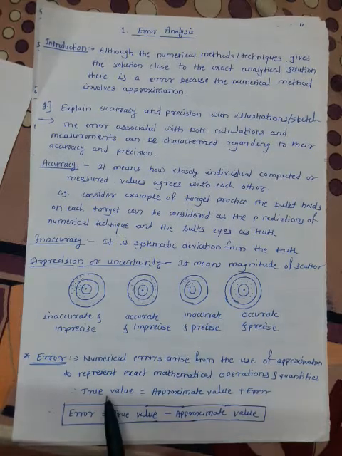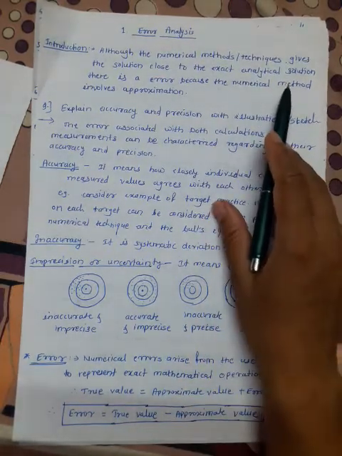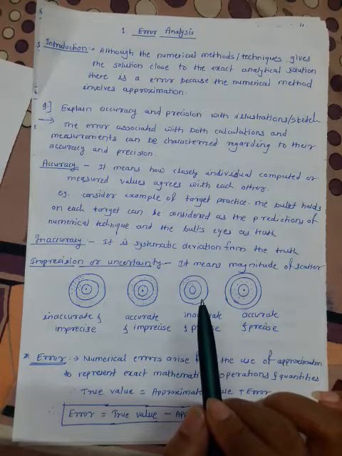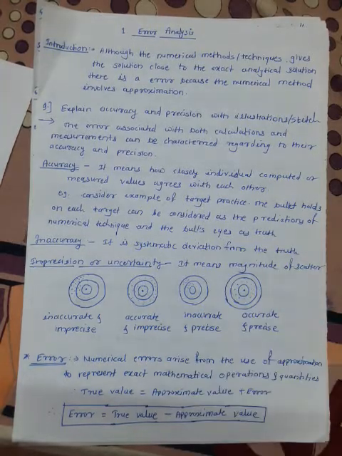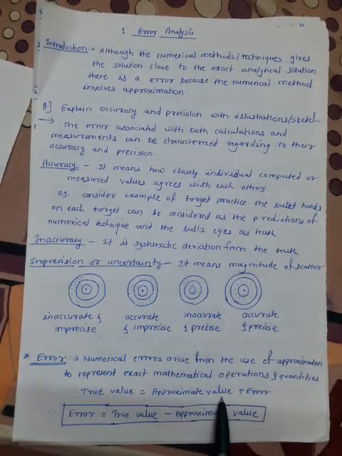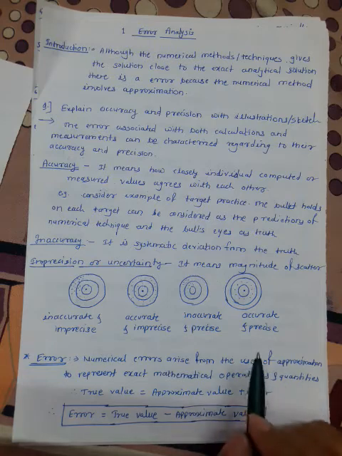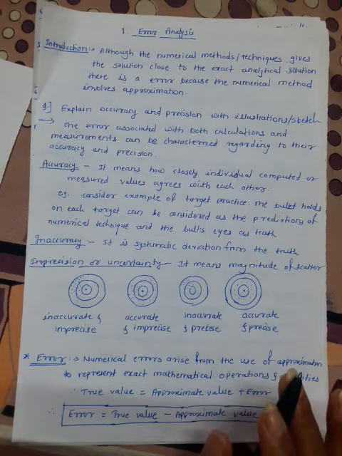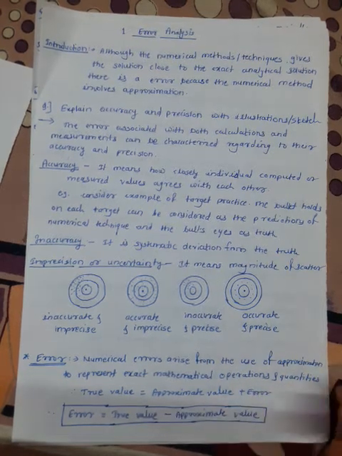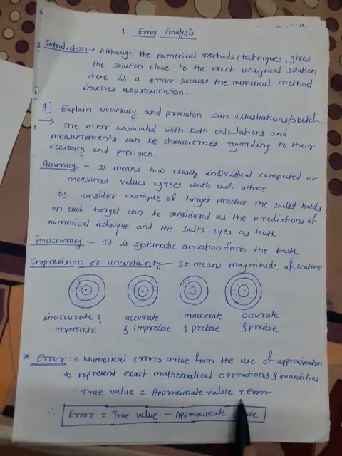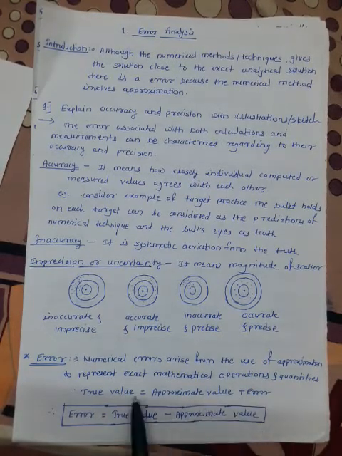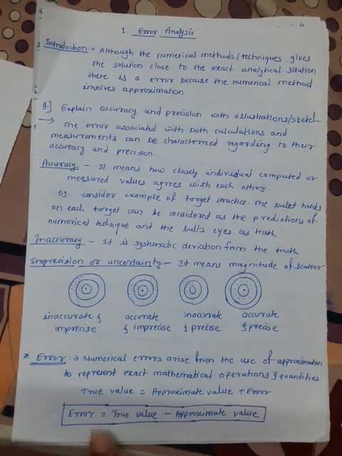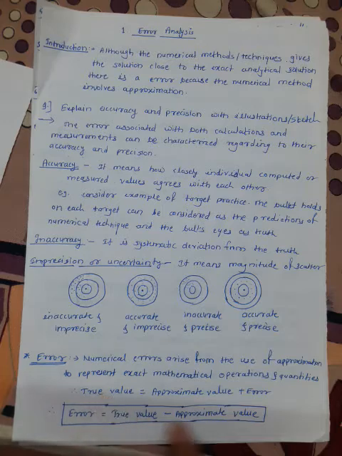True value means the analytical solution of our particular differential equation, and approximate value means whatever answer we are getting from numerical methods, and to that we add the error to get the exact true value. This is the simple logical statement. From this statement we get error is equal to true value minus approximate value.